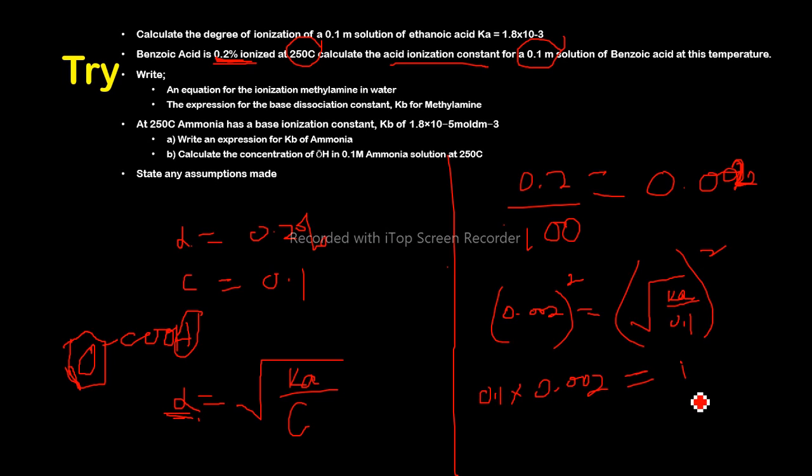It should give us our Ka. So the answer that you shall get here is going to be your Ka. Oh, sorry, I forgot to put it: the 0.002 is squared.